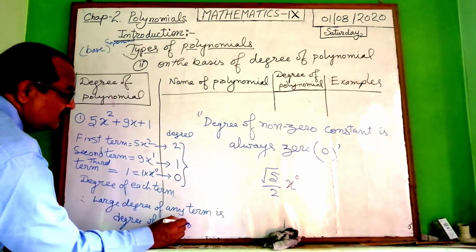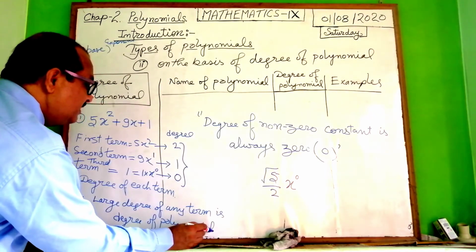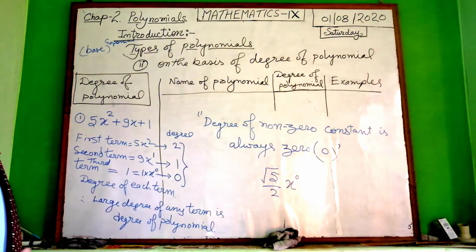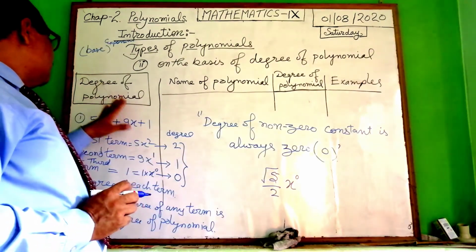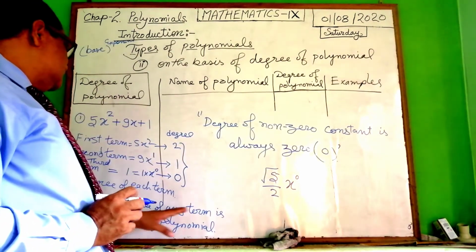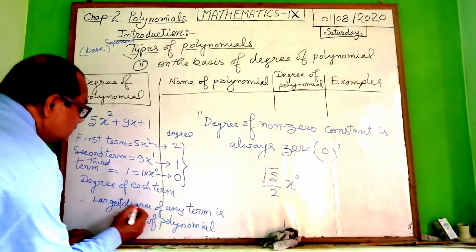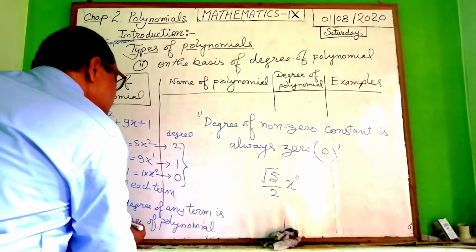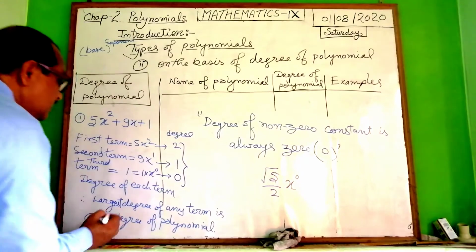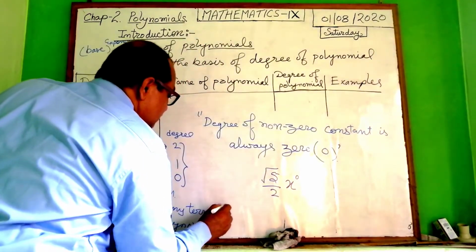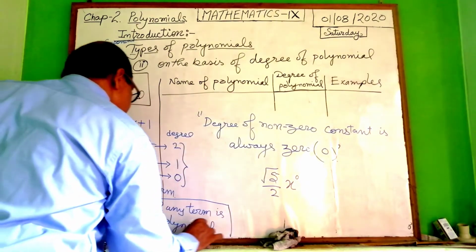In this example, the maximum degree is at the most 2. So the degree of the polynomial is the largest degree term. The largest degree of any term is called the degree of the polynomial. This is the definition of degree of a polynomial.